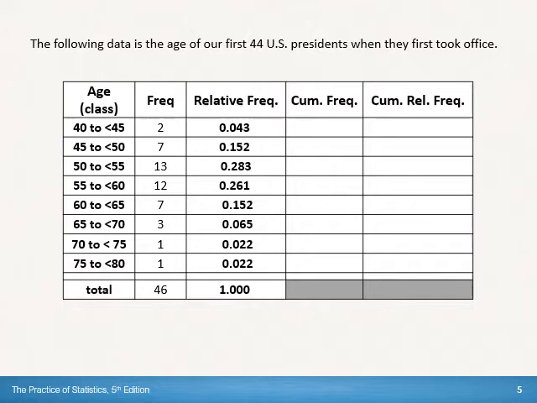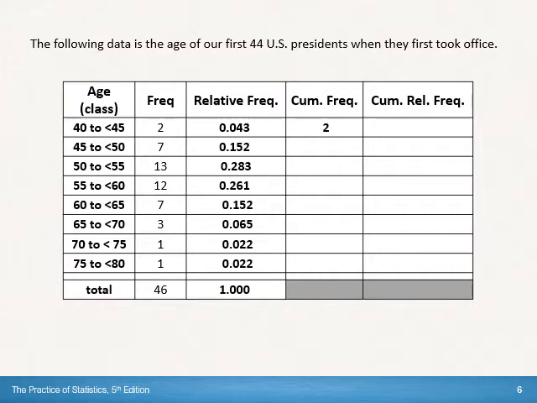All right, so the next thing we'll talk about is the cumulative frequency. The cumulative frequency is sort of a running total. So for the very first class, 40 to 45, it's just the same, right? There are 2, in other words, there are 2 presidents younger than 45. So the next one we want to think about is how many presidents are under 50.